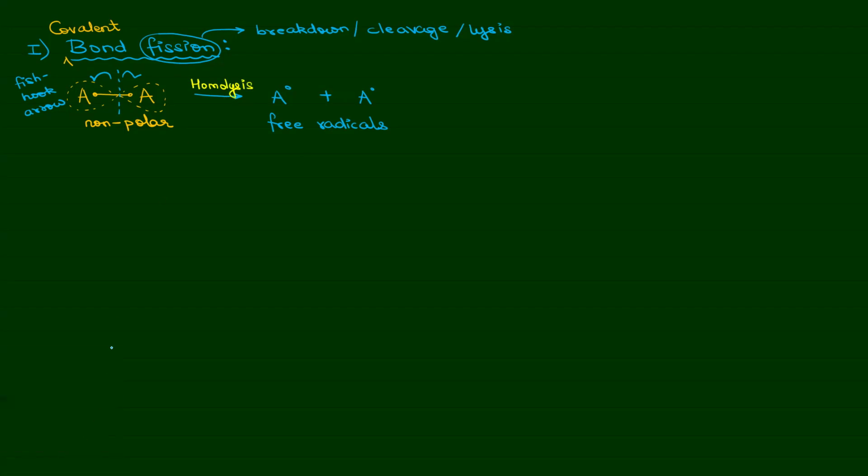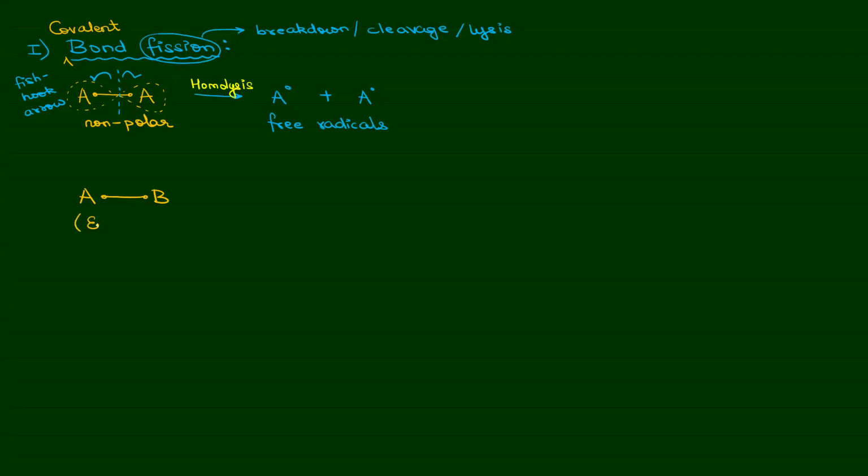On the other hand, if I take two atoms which are different, let's say I have A and B. Again, they share the electrons to form a covalent bond. But now the atoms are dissimilar, so they will have a difference in electronegativity.